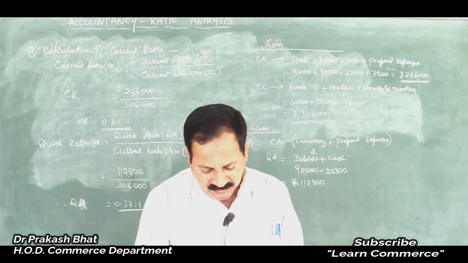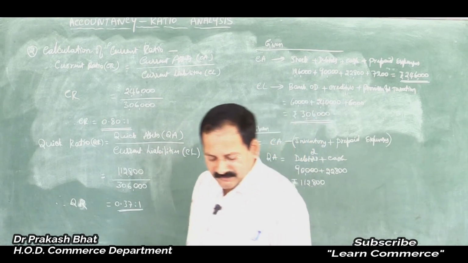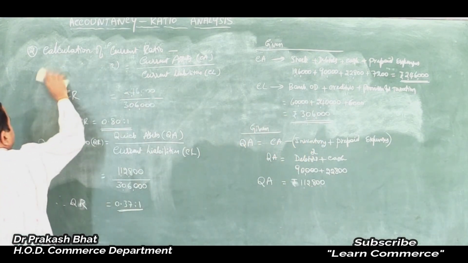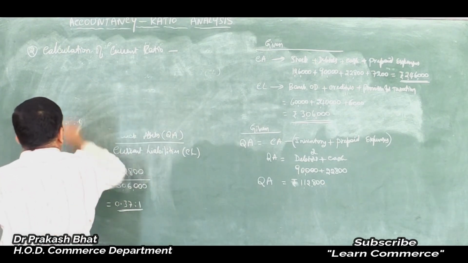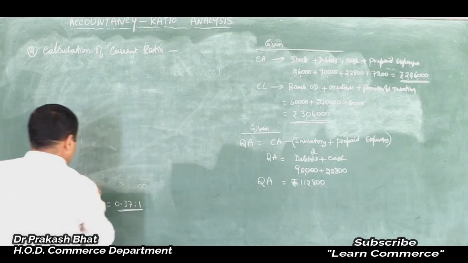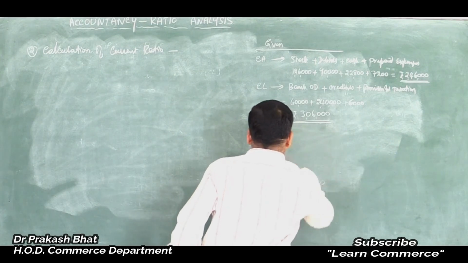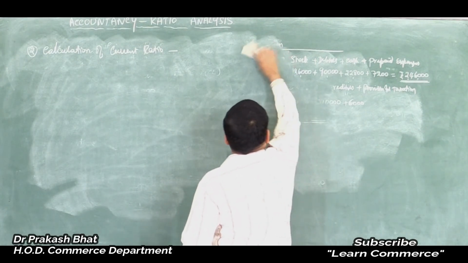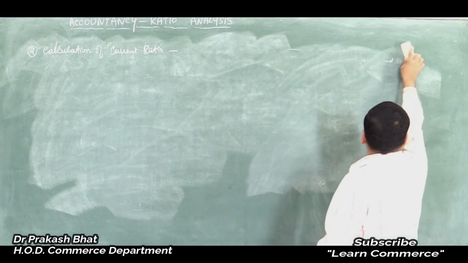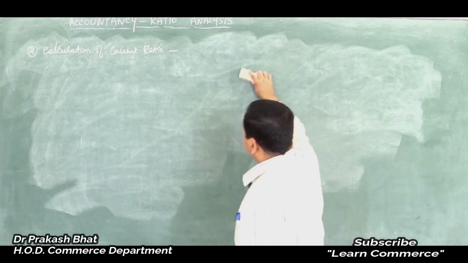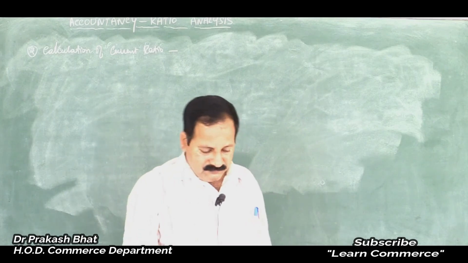Third problem. Calculate current ratio and quick ratio from the following information. I'll read out each of the items and let us bifurcate whether it is a current asset or current liability.